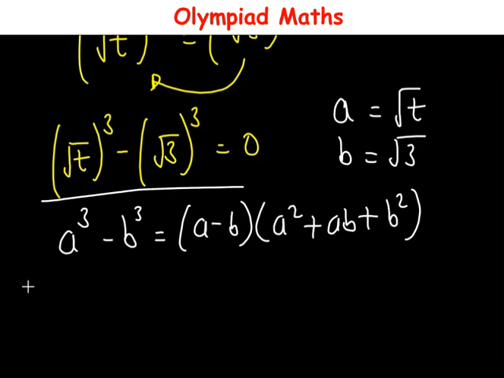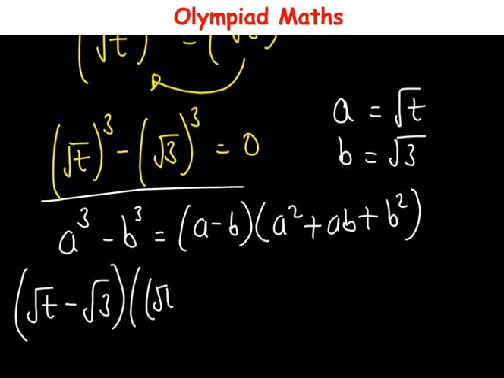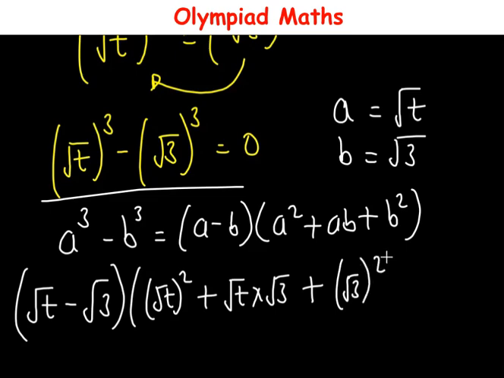So this is then equal to (a is root t, minus b, root 3) multiplied by (a squared, a is root t, so root t all squared, plus a is root t times b is root 3, then plus b squared, b is root 3, so root 3 all squared), all equal to 0.